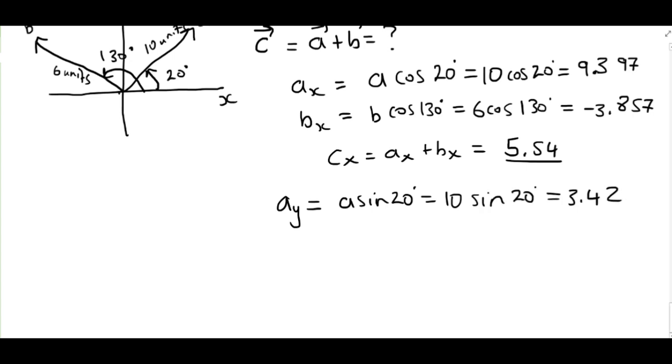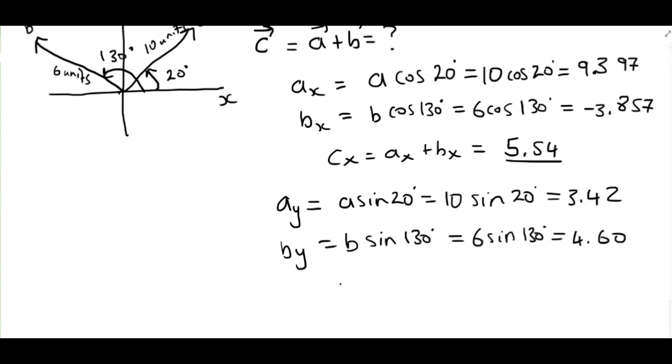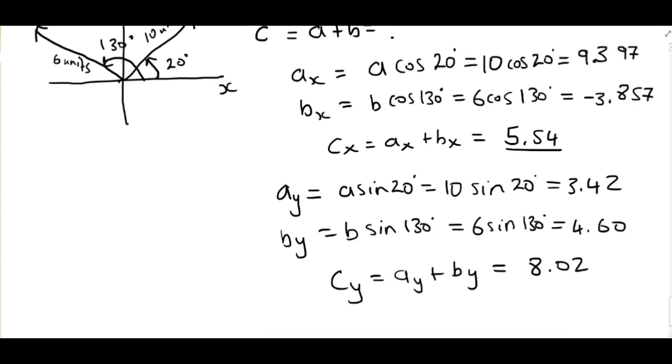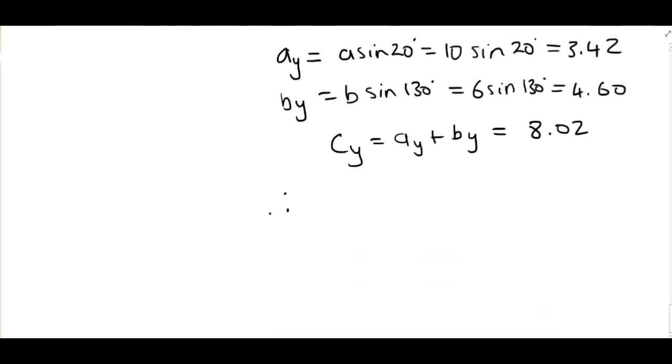By is equal to B sin 130, which is 6 sin 130, giving us 4.60. Therefore, the y component of C is equal to Ay plus By, which gives us 8.02. So we can write our resultant vector C as 5.54 i hat plus 8.02 j hat.